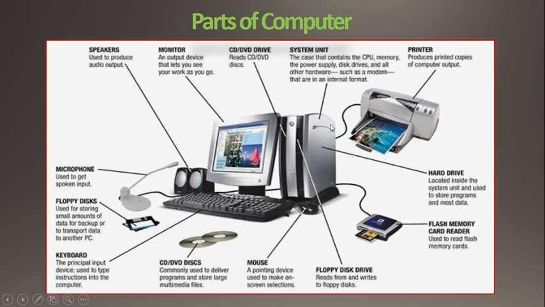So the system unit includes the CPU, memory, and others. Also in this system unit there is a CD or DVD drive. We can insert a CD or DVD and get the information.